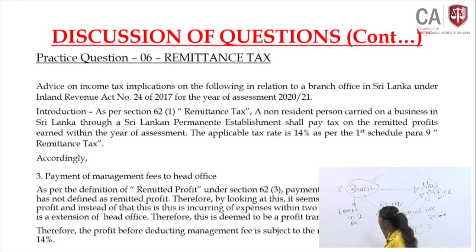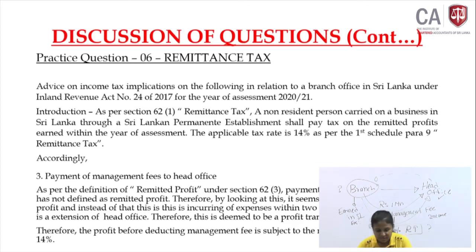If it has not been transferred to the head office, for that part also they need to remit. Clear? Think in that manner. Including that part also, the remittance tax is liable.